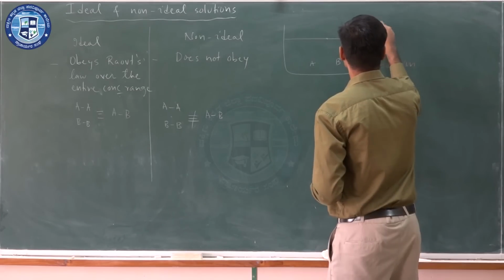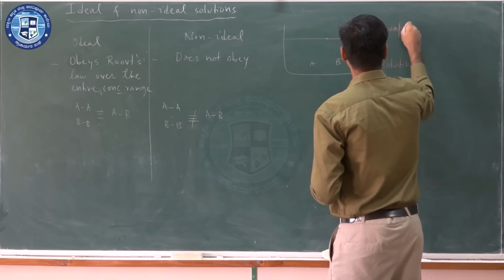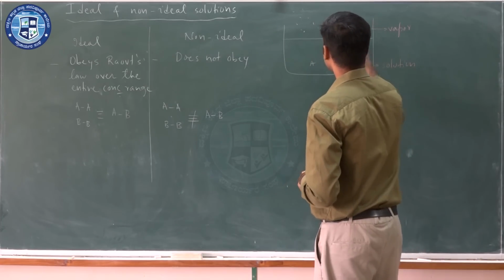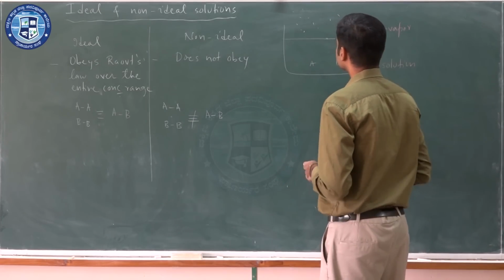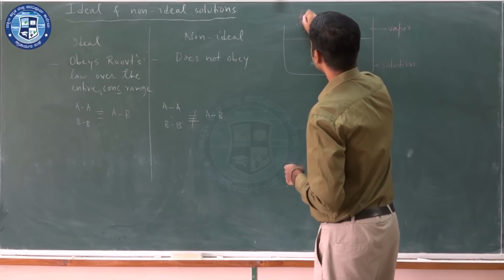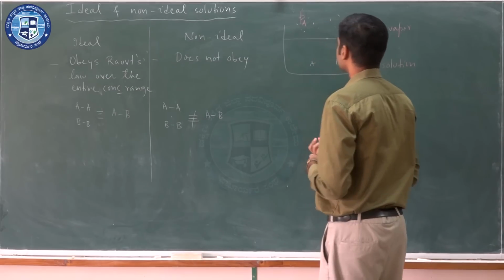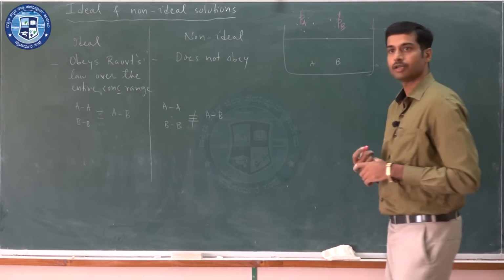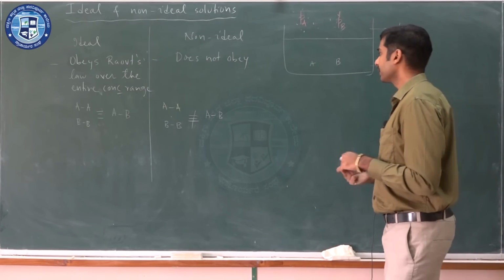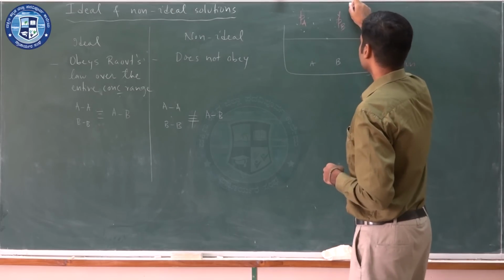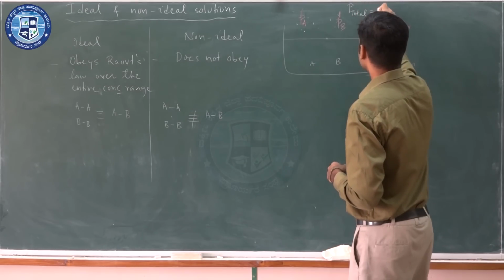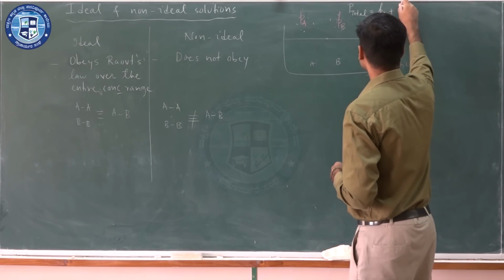This is the vapor phase, and in the vapor phase I have got components of A, I have also got components of B, and because of this I will represent partial pressure of A and partial pressure of B, and I can express this on the basis of Raoult's law. And when I express this on the basis of Raoult's law, I will also be able to express the P total. P total is the sum of these two.